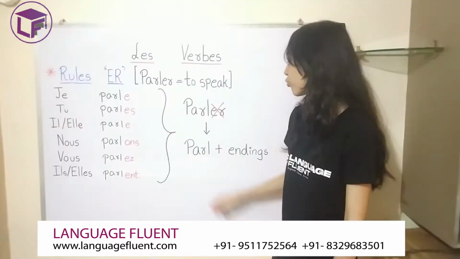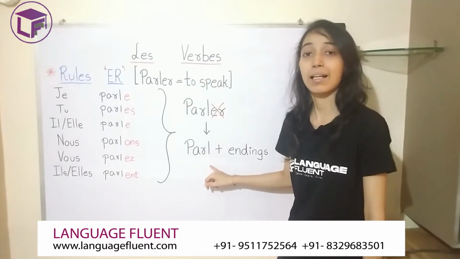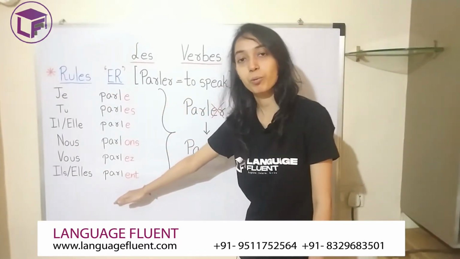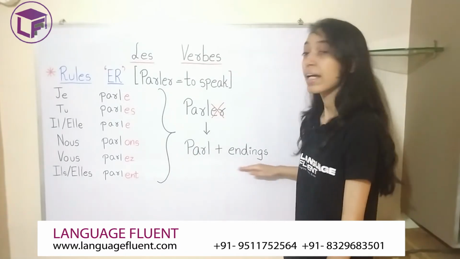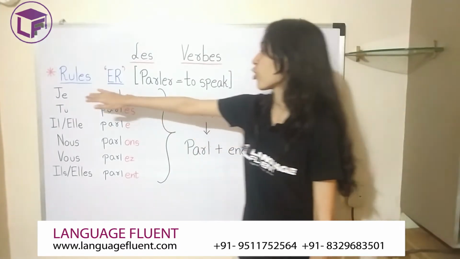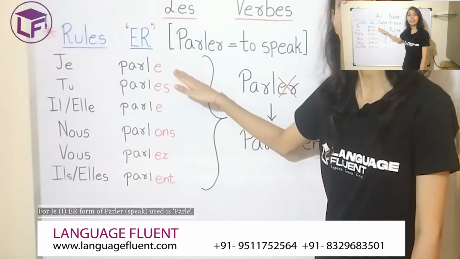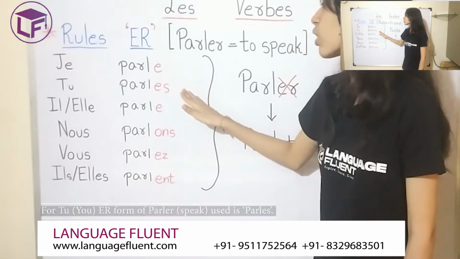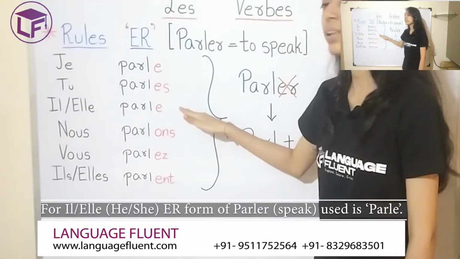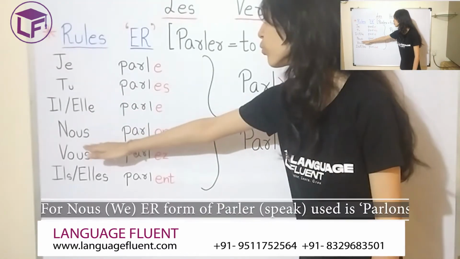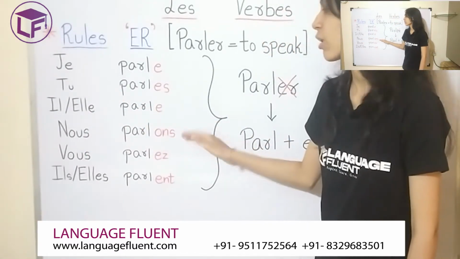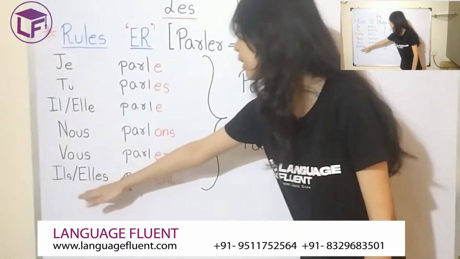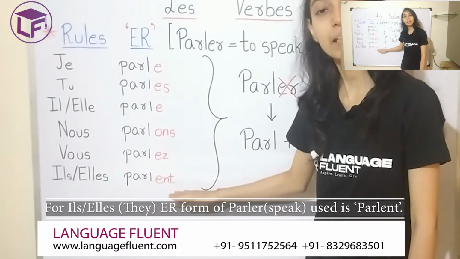Now as we know, we had to write PARL. So we write PARL to each and every subject pronoun. Now we add endings to it. For je, it is E. For tu, it is ES. For il, it is E. For nous, we have ONS. For vous, we have EZ. And for il, it is ENT.